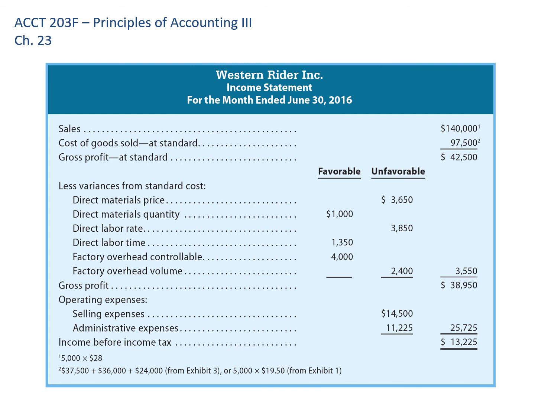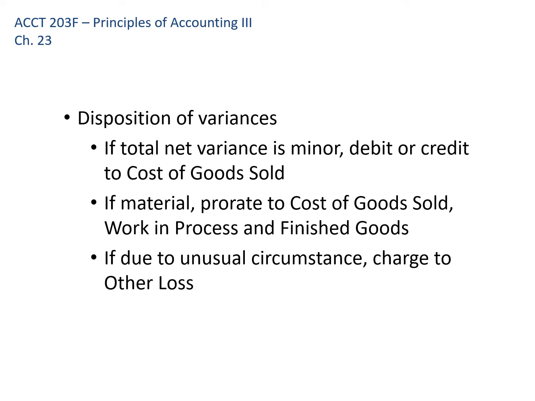The last thing I want to talk about is what we do with these variance accounts at the end of the accounting period, because we're not going to have them on our year-end financial statements. They're for internal purposes only. They're temporary accounts, so they need to go somewhere. If the total net variance is minor, we'll just debit or credit it to cost of goods sold. What is relatively small?